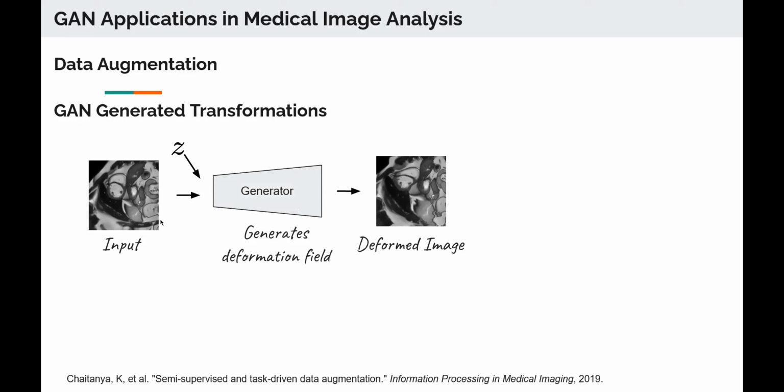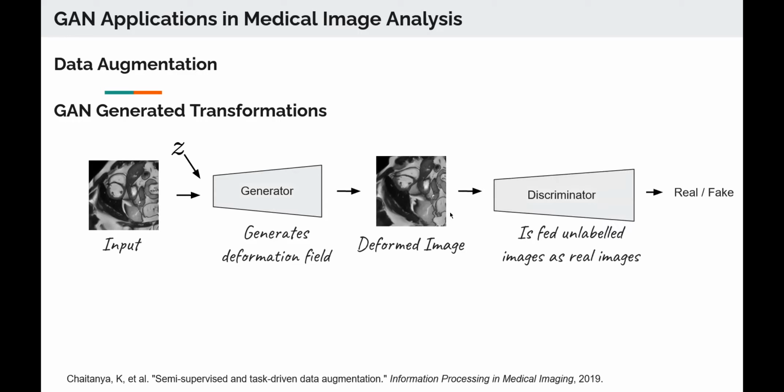Okay, so what we're doing is we're starting with a labeled image, and we are asking a generator to produce a deformed image. Okay, and we will train a discriminator which will try to say whether the deformed image is a real image or a fake image. Okay, and to know this, the discriminator can be fed with all the 1,000 unlabeled images that we have.